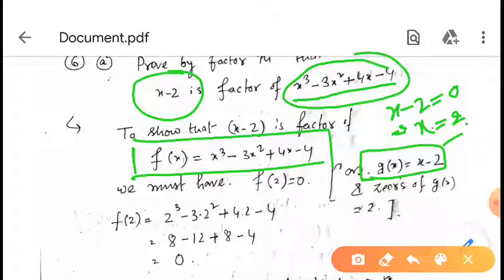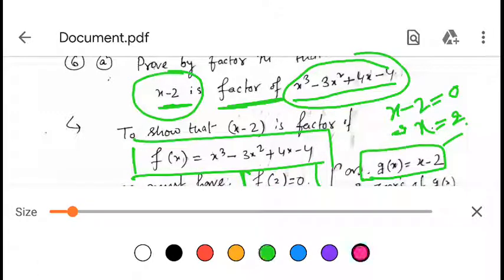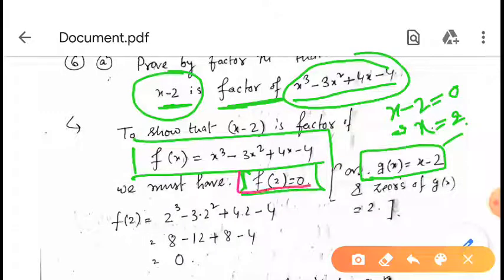Now if x minus 2 is a factor of this function, then you must have f(2) equal to 0. This is by the factor theorem. So by the factor theorem you can easily conclude that f(2) equal to 0.